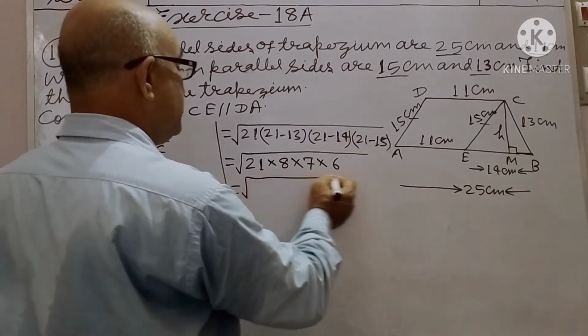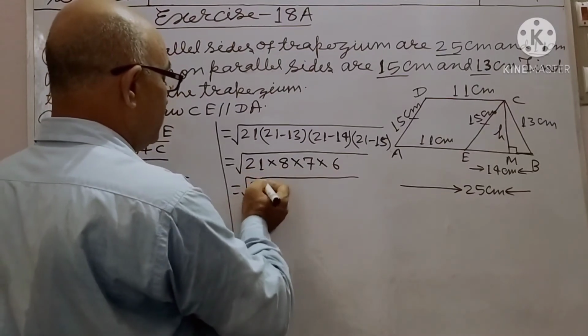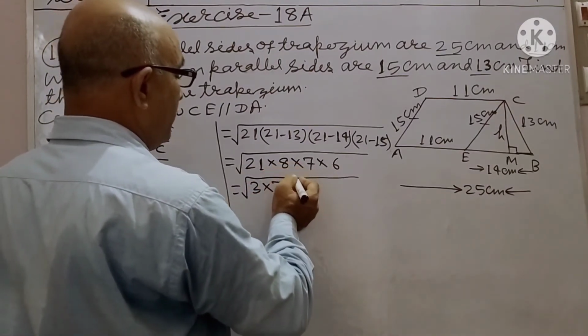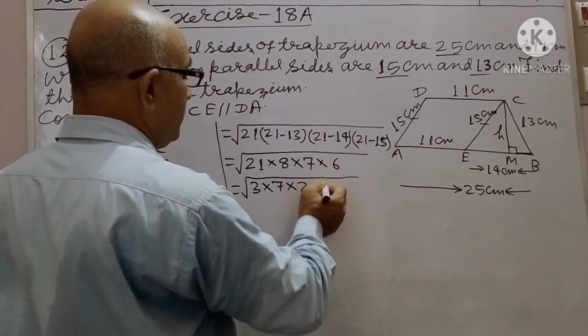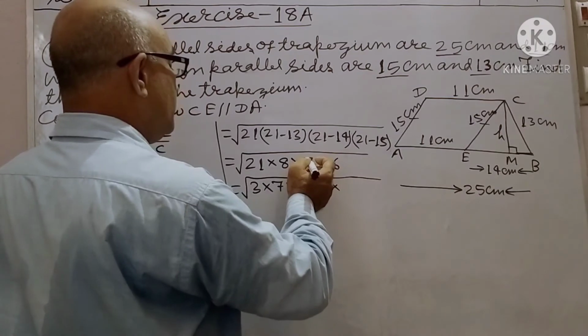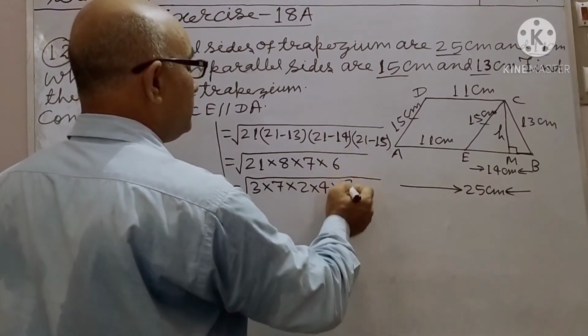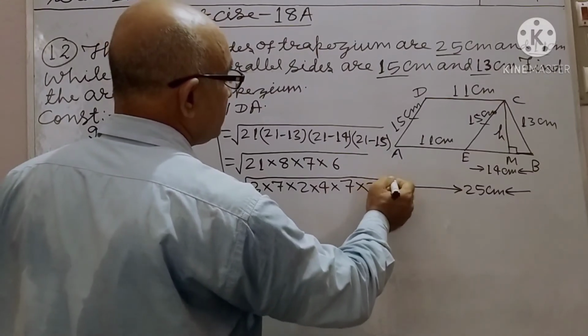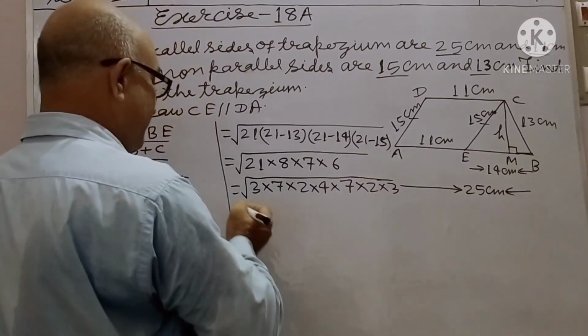Now factorize it. 21, 3 into 7, 8, 2 into 4 into 7, and 6, 2 into 3.